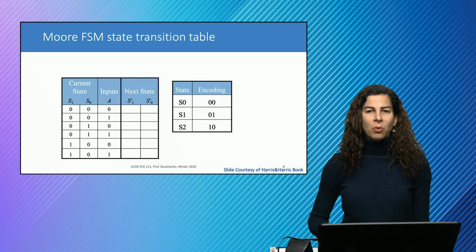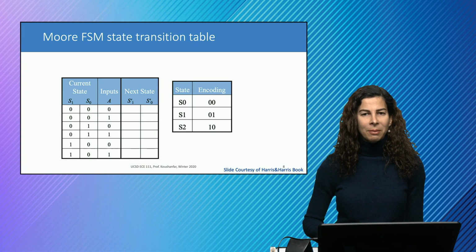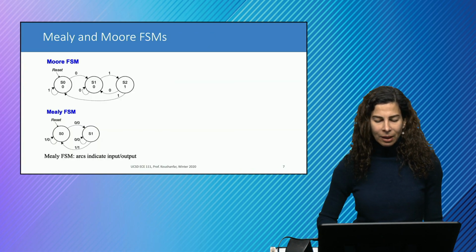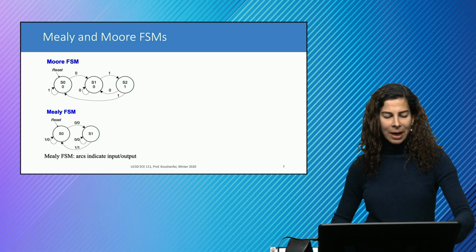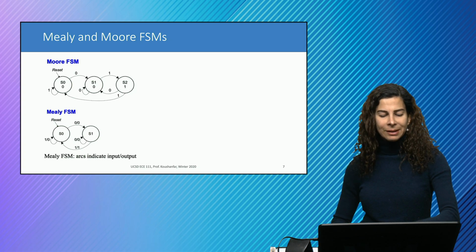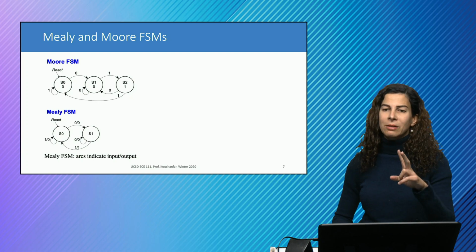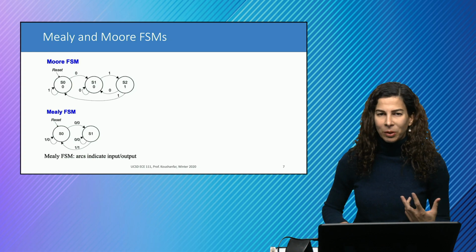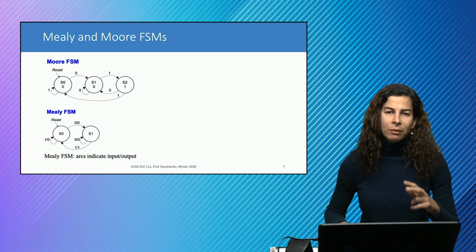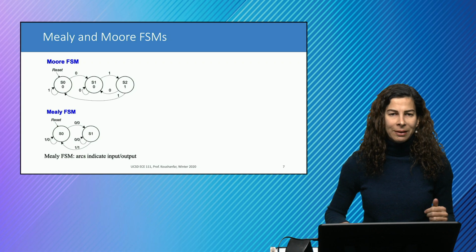Now let's go to the Moore finite state machine transition table. We had this diagram that told us we have 3 states, and if we have 3 states, then we need at least 2 bits, which means, basically the log of 3, which is a number more than 1. We need at least 2 registers to define this circuit.